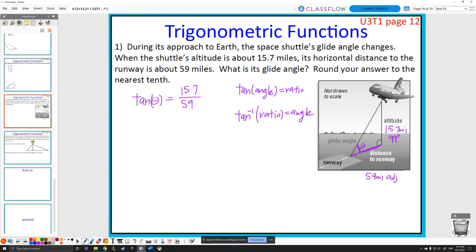So I'm going to rewrite this with inverse tan. Another way you can think about this is that I'm taking the inverse operation. So I can take the inverse tan on both sides, so that these cancel each other out, and I'm left with theta equal to inverse tan of 15.7 over 59.